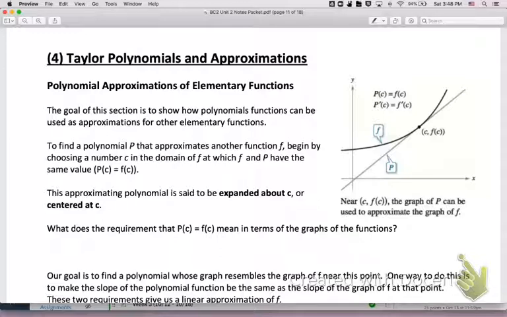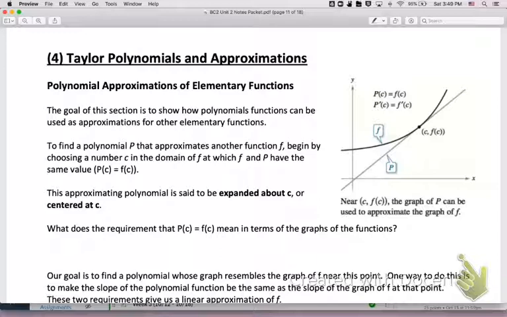And so Taylor and Maclaurin, two mathematicians who are credited with working on these things, found a way that we can use polynomials to approximate other elementary functions, the ones that are less friendly, like sine, e to the x, those sorts of things.